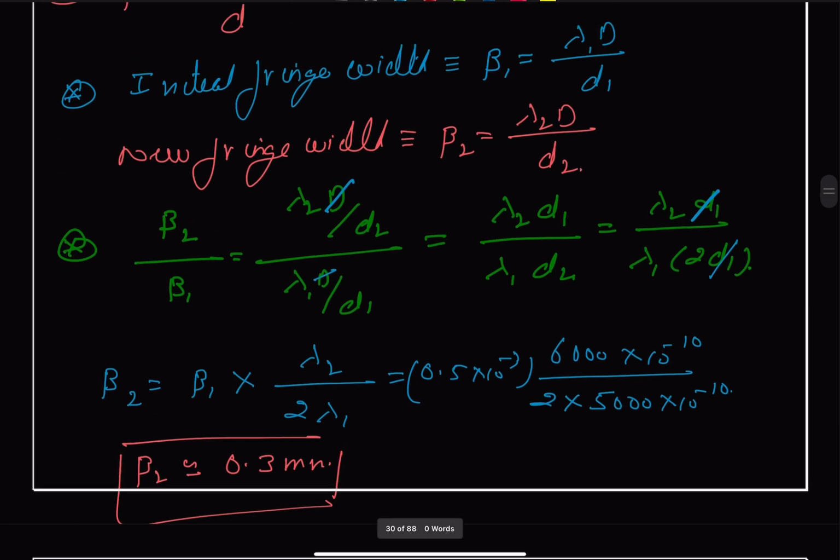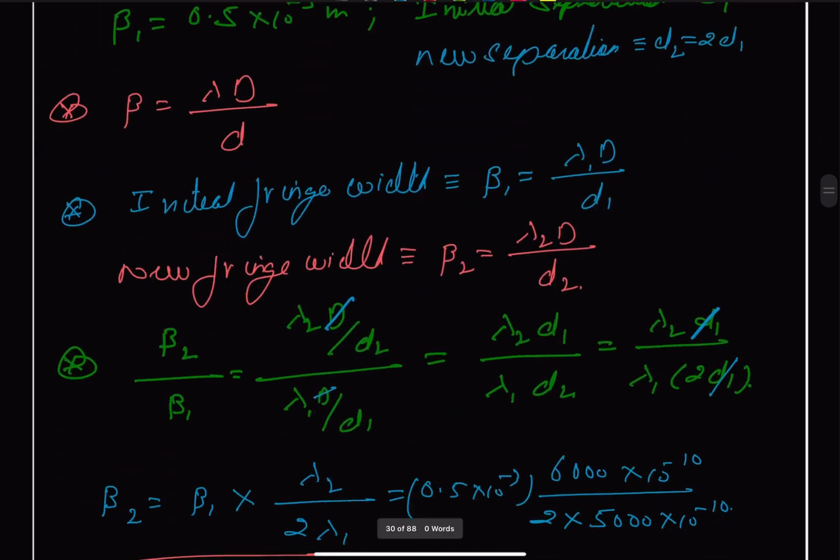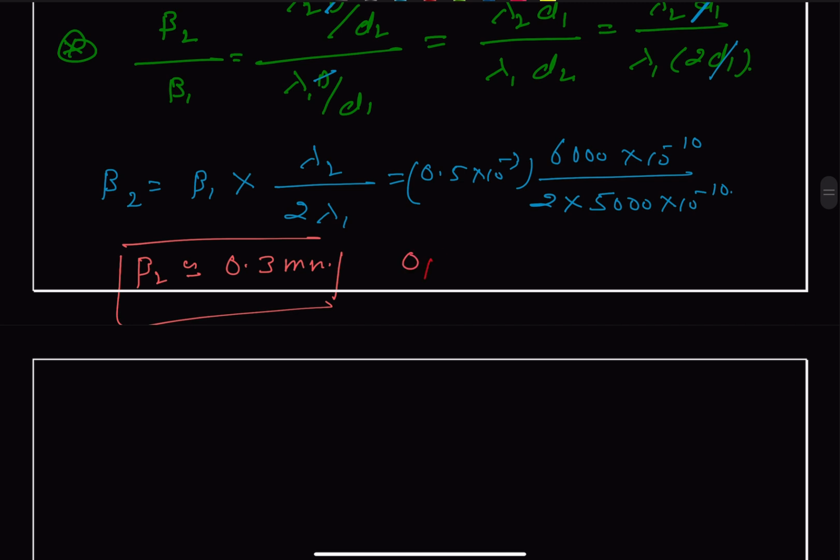So we have 0.3 millimeters, and option number D is the correct one. Option D is correct.